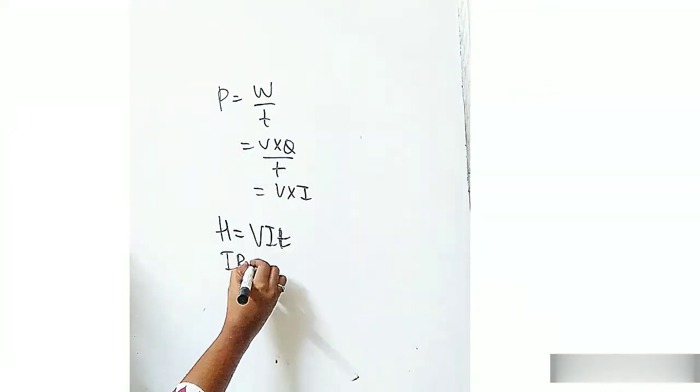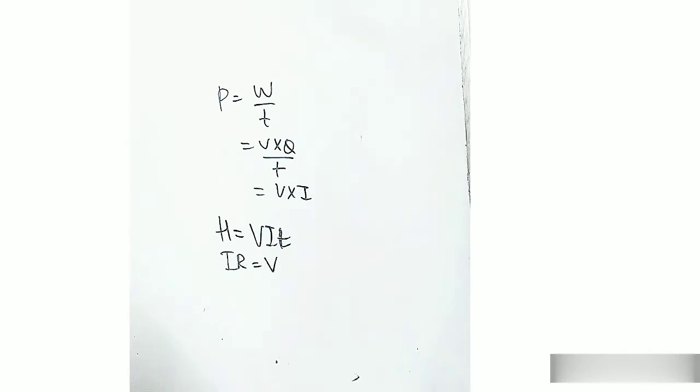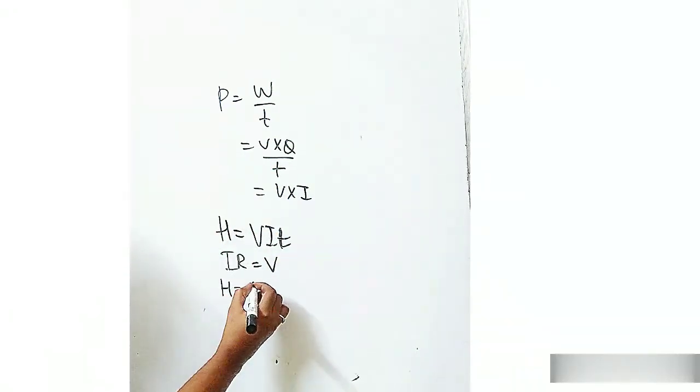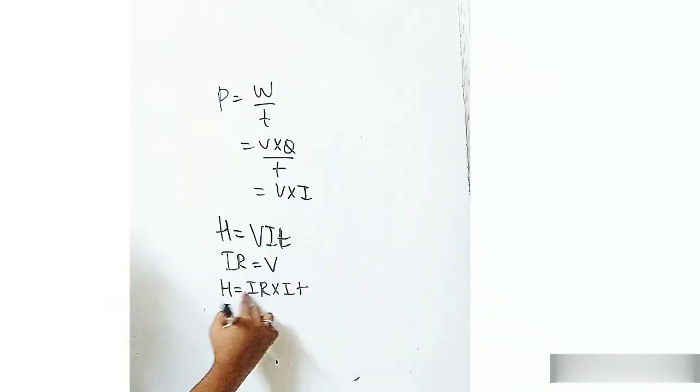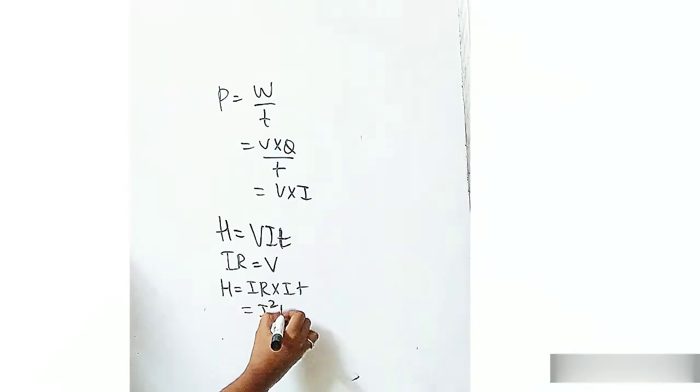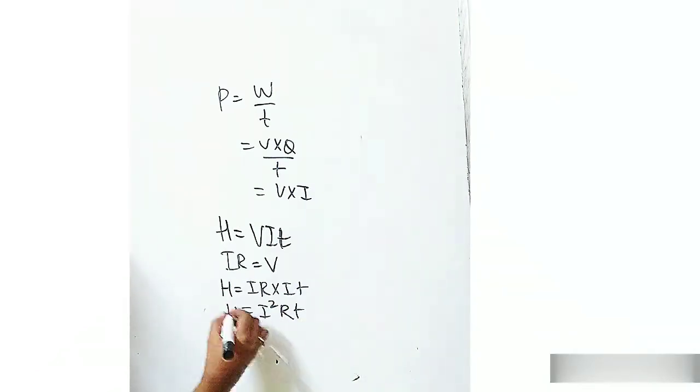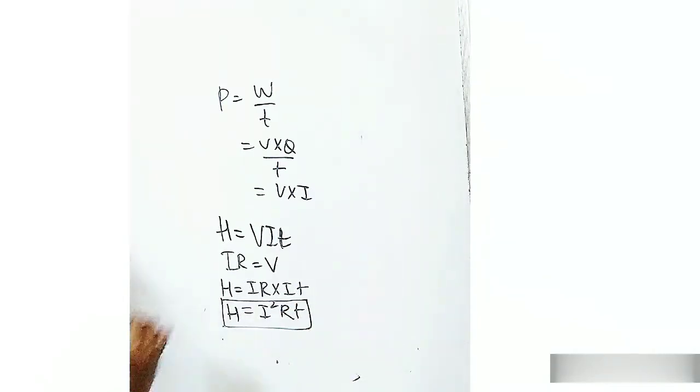IR is equal to V. So I'll replace this value instead of potential difference. Instead of V, IR into I t. So I into I is what? I square, then R t. So this is your heating effect of current. This is the formula we are going to use in the chapter, student.